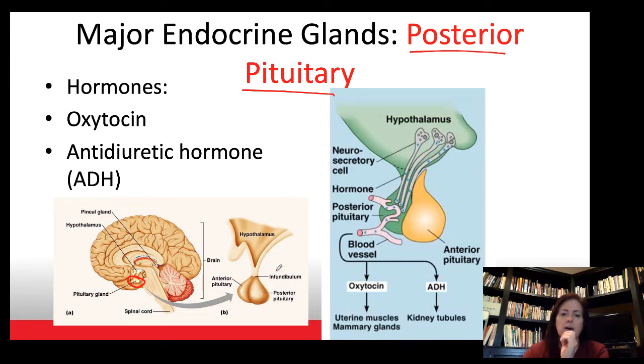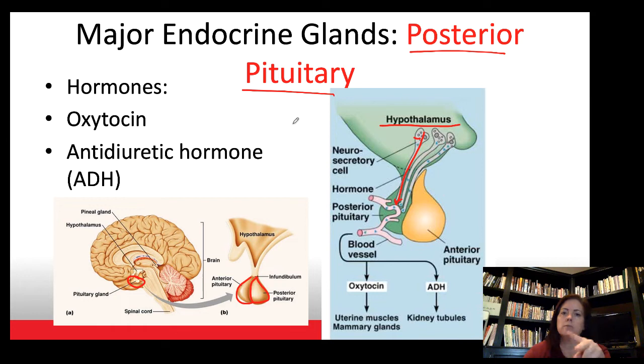So we've got the anterior pituitary, and then we've got the posterior pituitary. Okay, and so the posterior pituitary actually has a neural connection to the hypothalamus. So you've got neurons that connect the hypothalamus to the posterior pituitary.